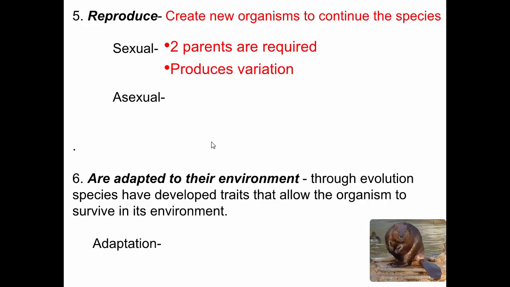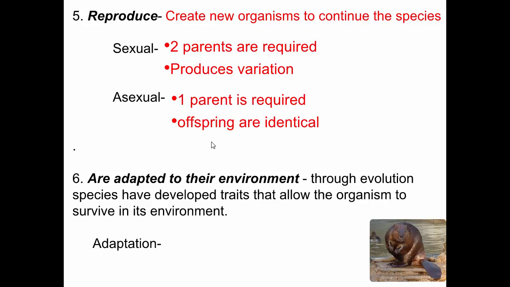They have a combination of traits from each parent. Asexual reproduction is reproduction in which there's only one parent involved. And they basically make a copy of themselves. There's no mixing of genetic information between two different parents. And so the offspring are basically just identical copies of the original.